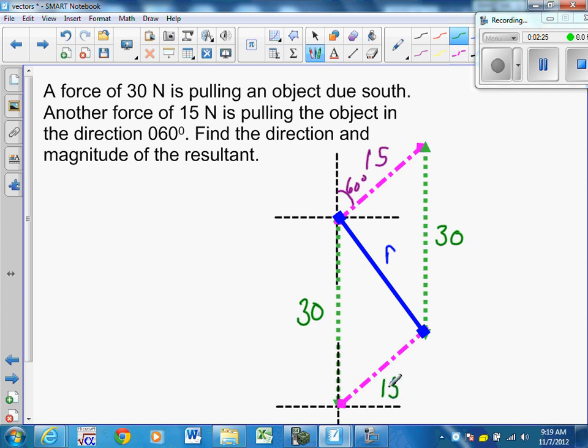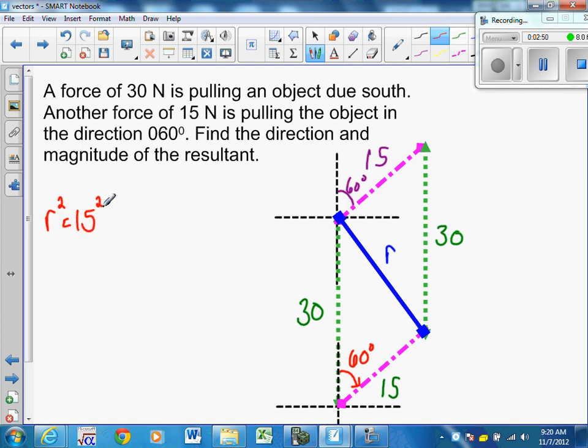Now, we need to use all of our rules that we know of angles to try to figure this out. If I know this angle is 60, I know this angle right here is also 60 because I have a vertical line, parallel lines, corresponding angles are equal. So I can find R with my law of cosines.